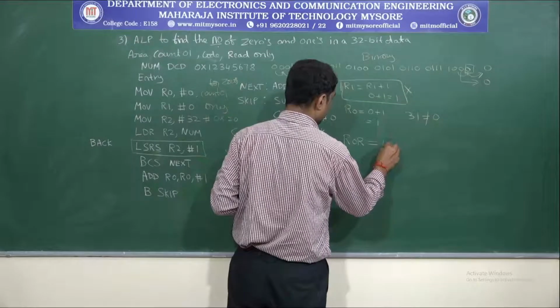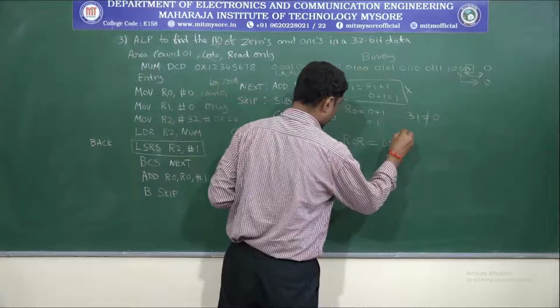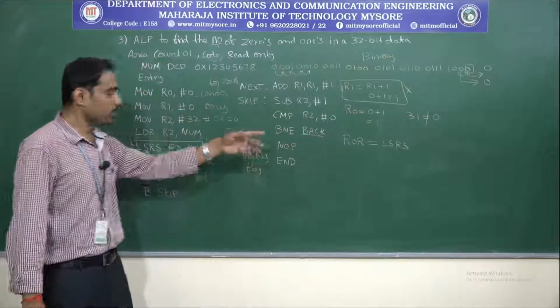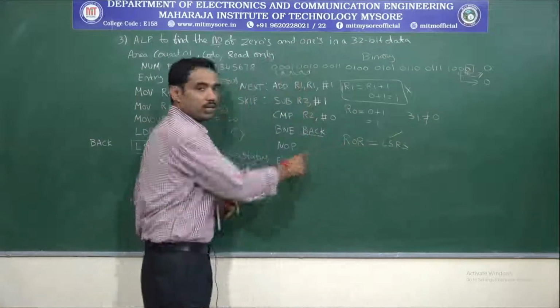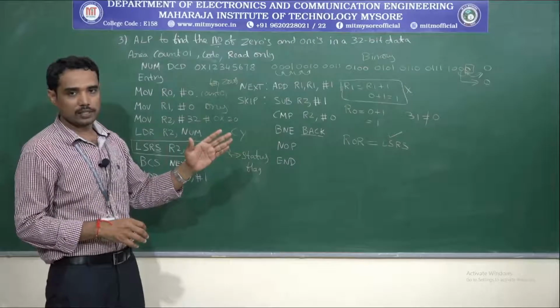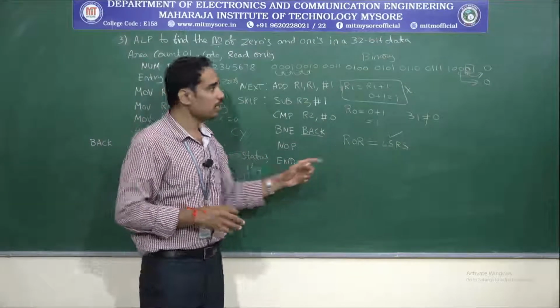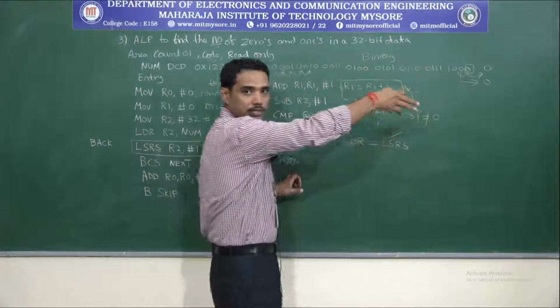ROR can alternatively be used instead of LSR. Why are we choosing shift instead of ROR? Shifting is comparatively easier than rotating. What happens if you use the rotate instruction?